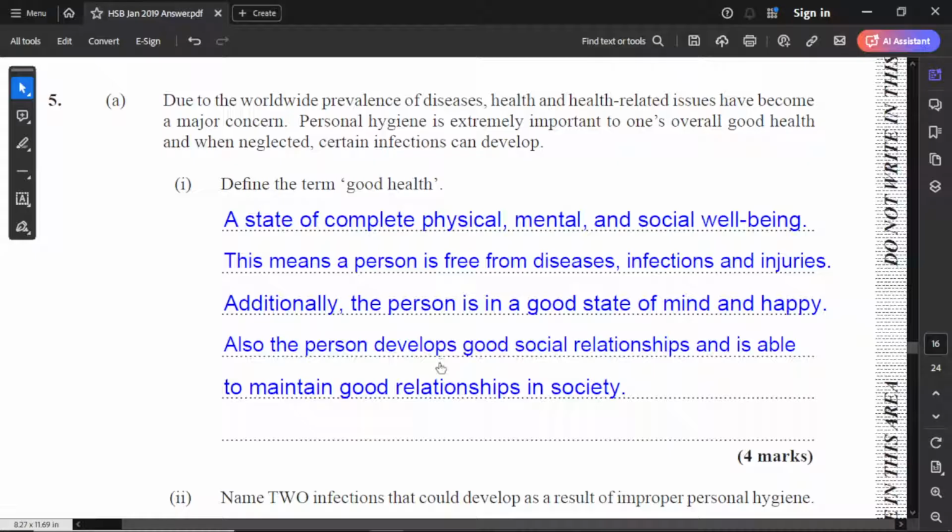So that will account for your 4 marks. It's very important for a person to be like this. This is the ideal person, a person you want to be around: physically well, mentally stable, and of course with good social skills. That determines if a person is healthy. So if you have bad ways, something is wrong.